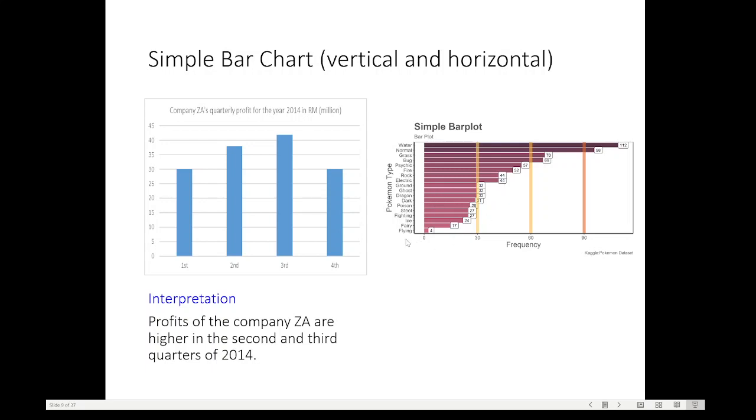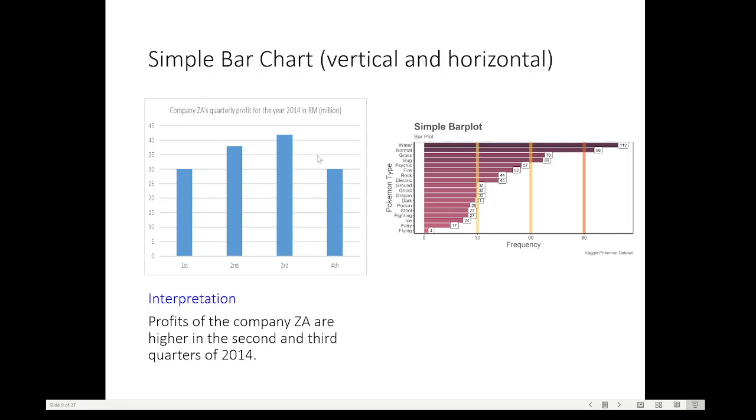You can see how it is displayed, and in this situation it is an easier way to look at the bar chart, and you can read it easily with the visualization, right?